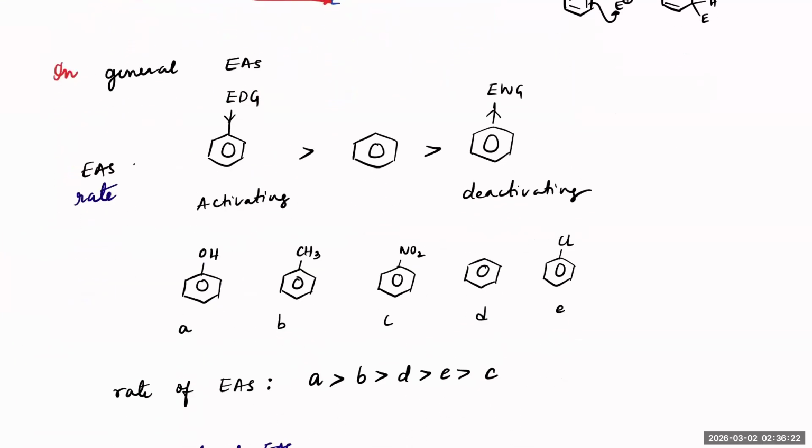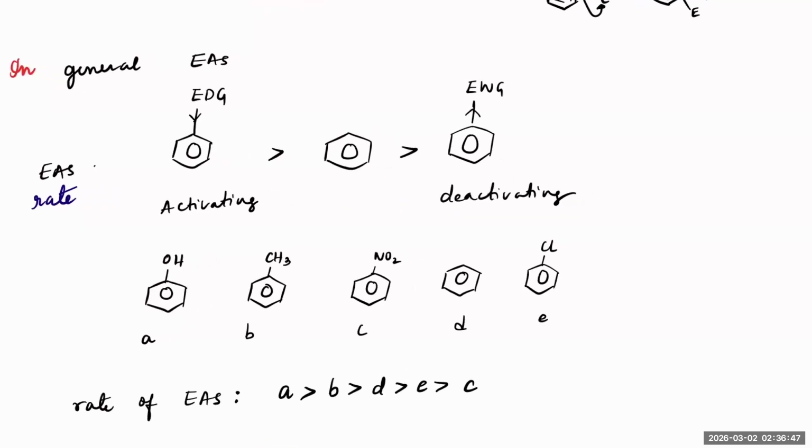In general, if you notice, electrophilic aromatic substitution shows very good activating nature if it is an electron donating group, then benzene, and then electron withdrawing groups. So the overall rate will always be first preference to activating, then to only benzene, and then to deactivating.